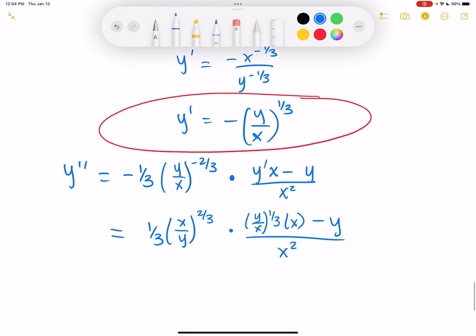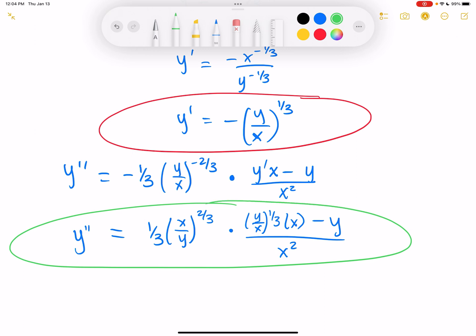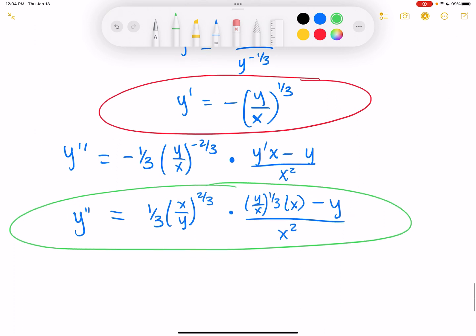And I will tell you, if you get to this point on a test or a quiz and you want to leave it, it's okay to stop here. You can go farther than this, but if you left it there, I'd be okay with it. Okay.